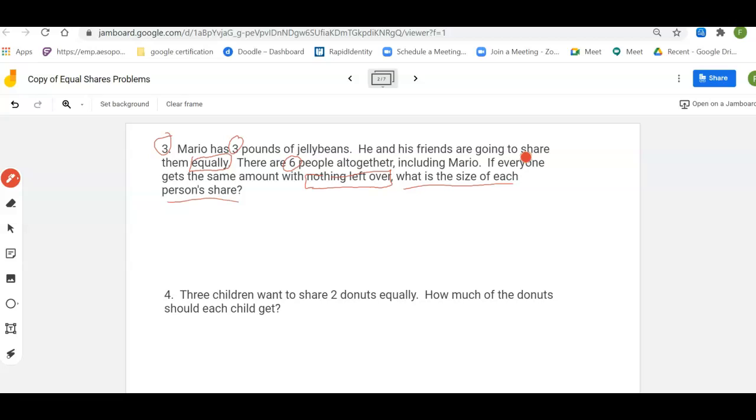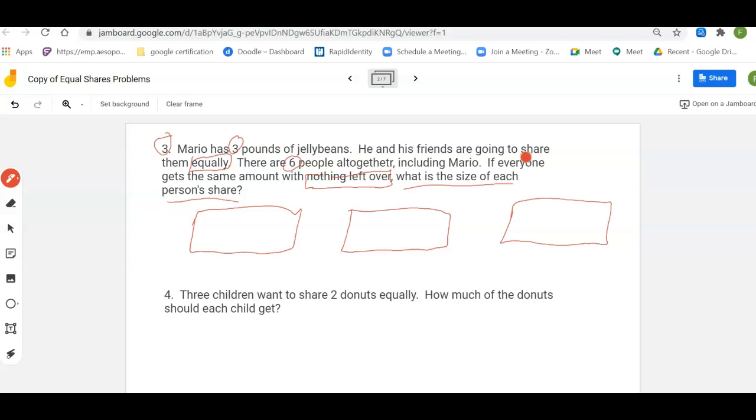Right? So Mario has 3 pounds of jelly beans. So what we're going to do is represent 3 pounds of jelly beans. That's 1 pound. That's another pound. And that's another pound. So now I have 3 pounds of jelly beans. He and his friends are going to share them equally. There are 6 people altogether.